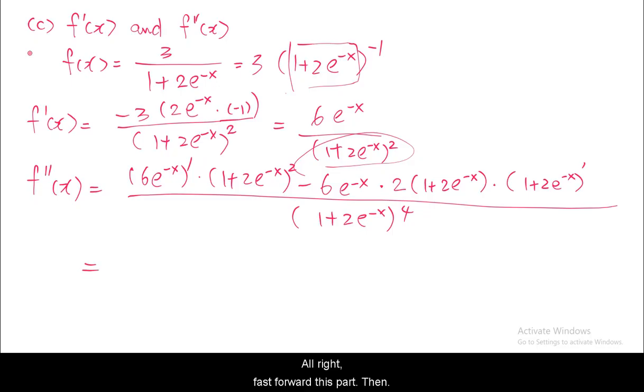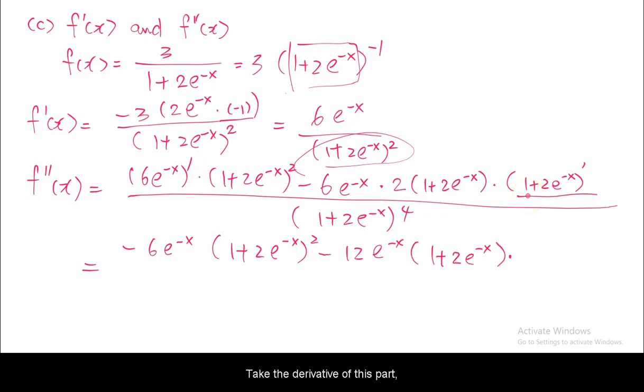Let's fast forward this part. This is 6 times e to the negative x, then take the derivative of negative x, so negative of. Now take the derivative of this part.